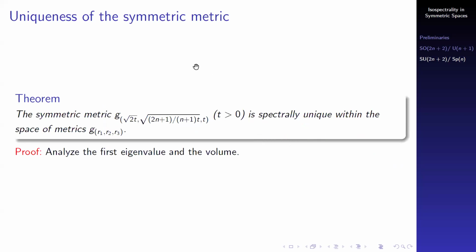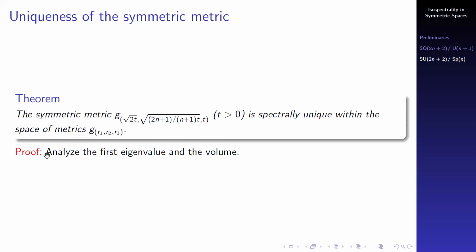Of course, in that family, we have the symmetric metric, and it is taken when we take these values: R1 equal to square root of 2t, and R2 equal to square root of (2n plus 1) divided by (n plus 1) times t, and R3 equal to t. This is the family of symmetric metrics. And this is spectrally unique within the space of metrics G, R1, R2, and R3.